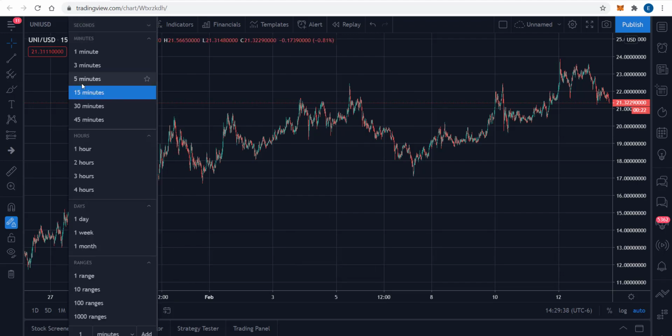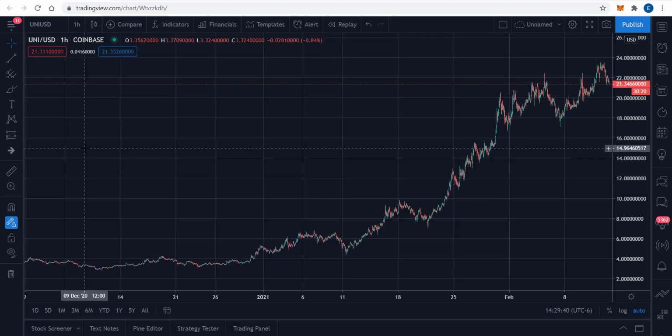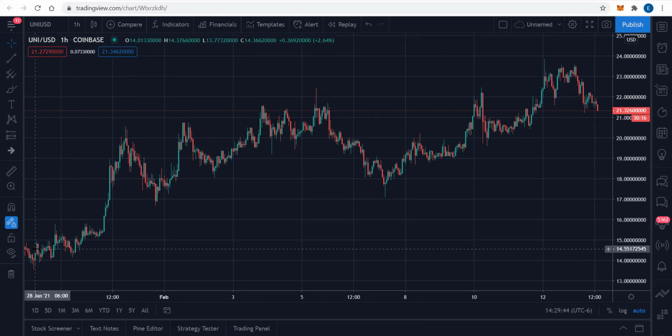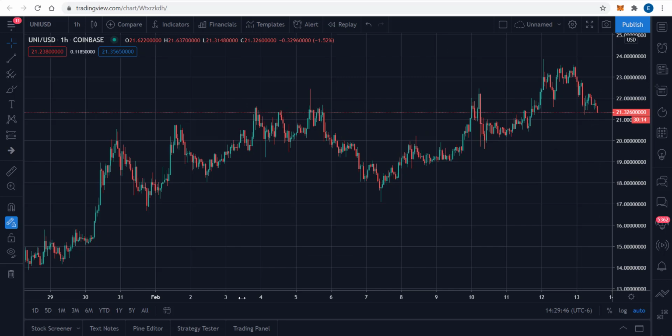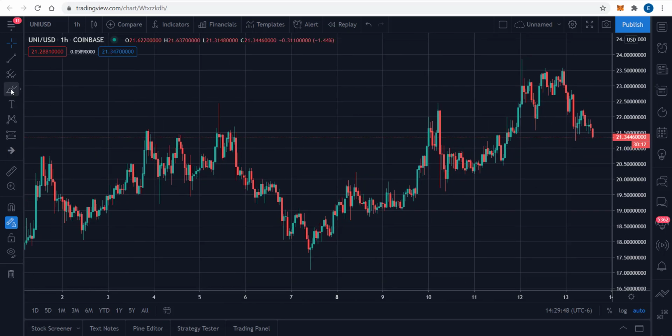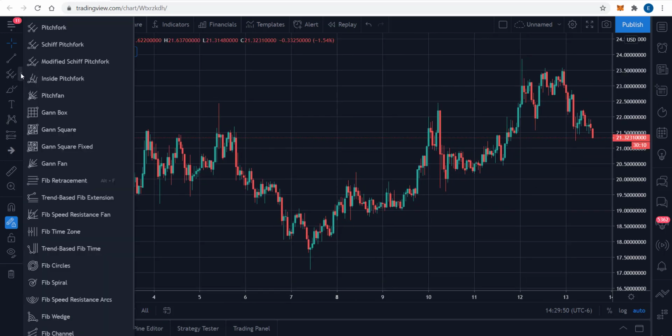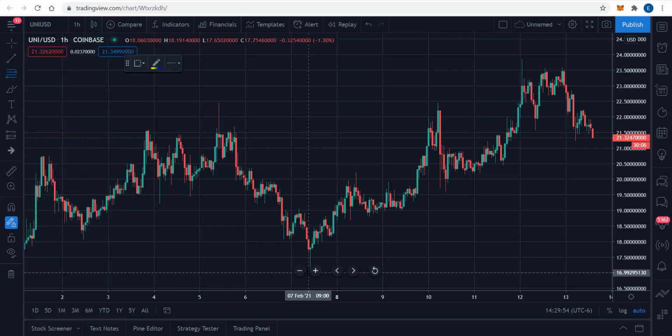I at least want to kick this out to the 1 hour. So at the 1 hour standpoint, just for fun, we're going to take a Fibonacci retracement of that last move and see if it is of value to us at all.